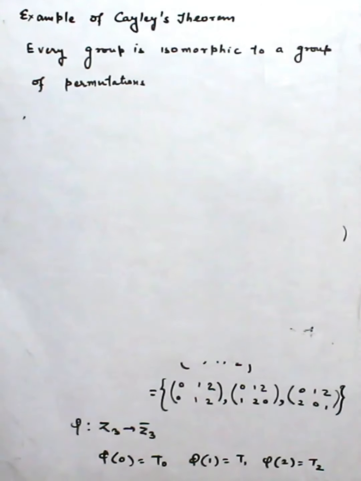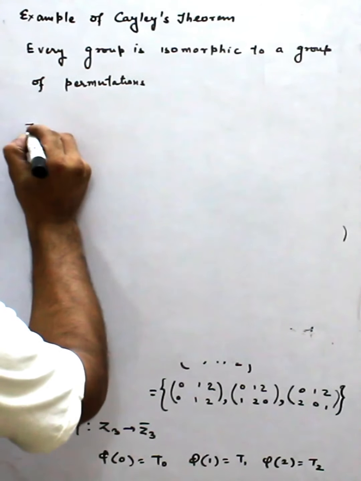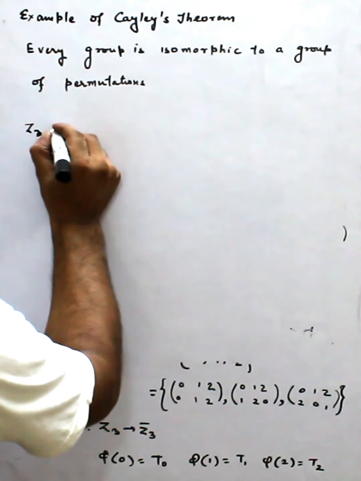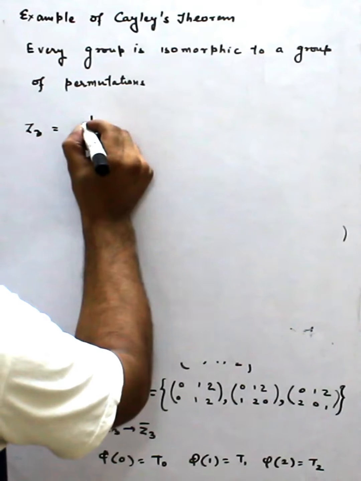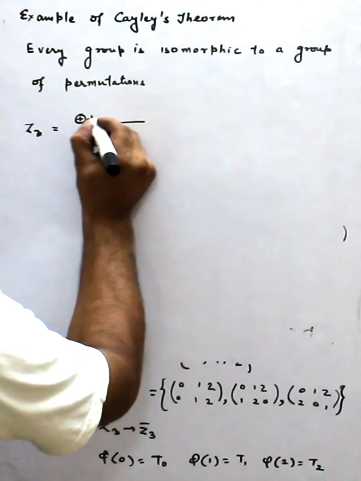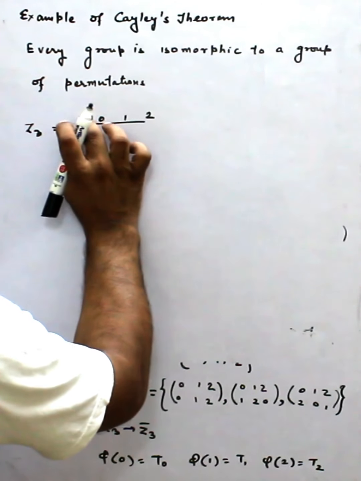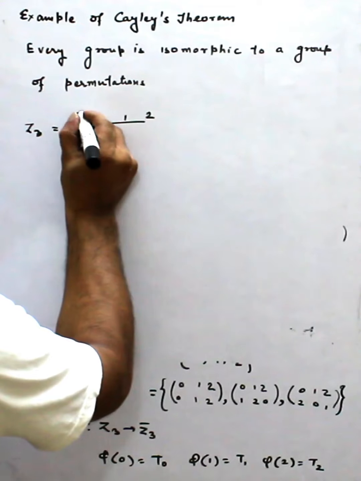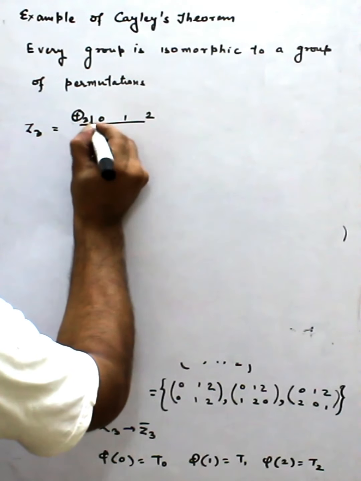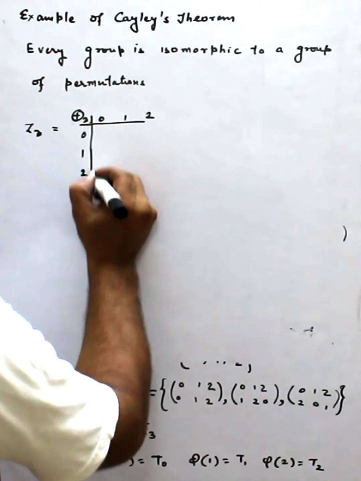And so here, for Z3 we can write the Cayley table. The operation is addition modulo 3, with elements 0, 1, 2.